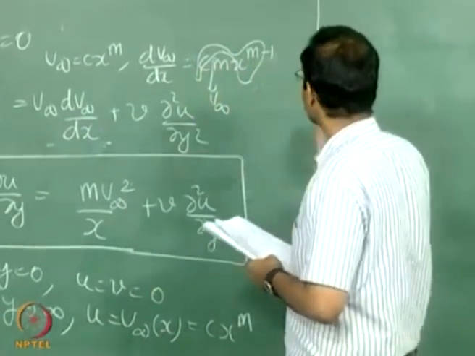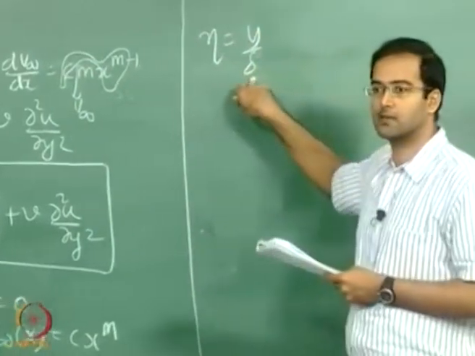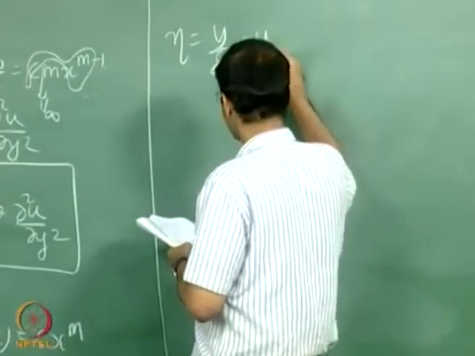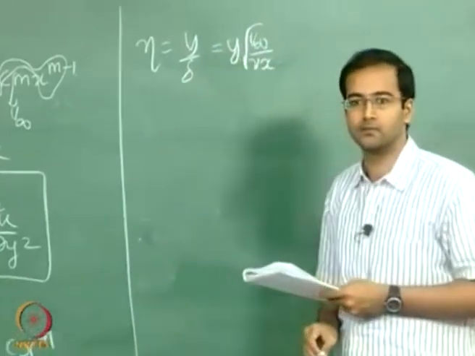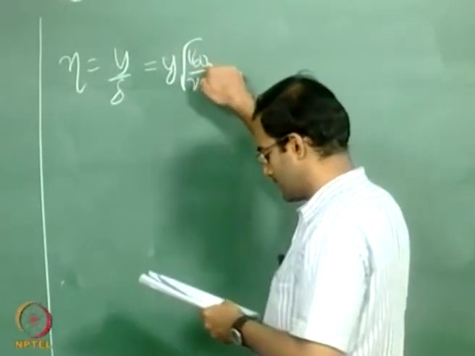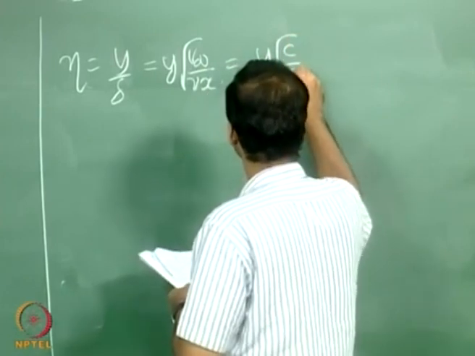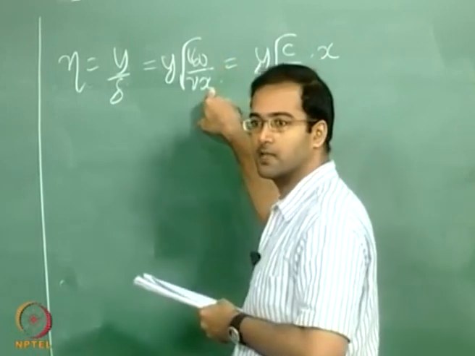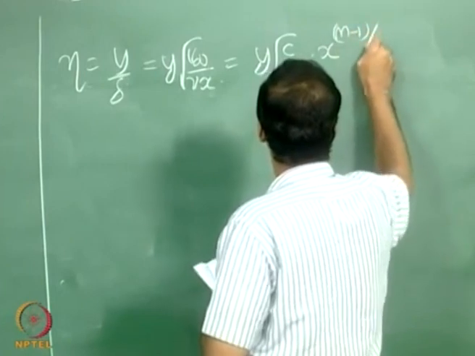Therefore your eta, which is a function of y by delta, the functional dependence of delta is still the same, so the same similarity variable holds good. Only thing is, here u infinity is a function of x. So you can write this as y square root of c by nu into x power m minus 1 by 2.